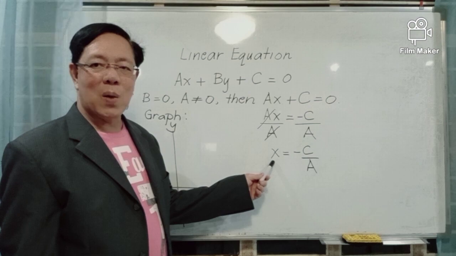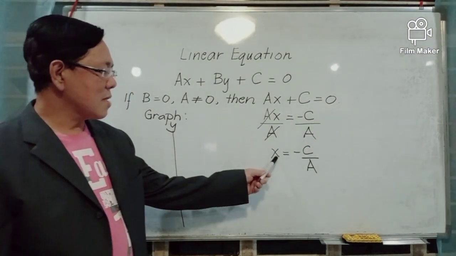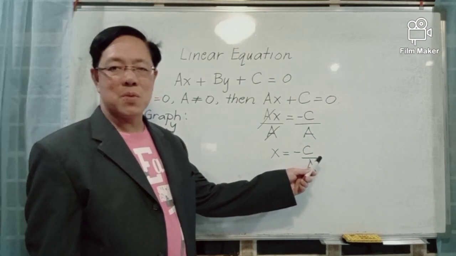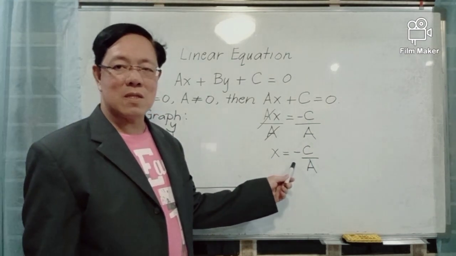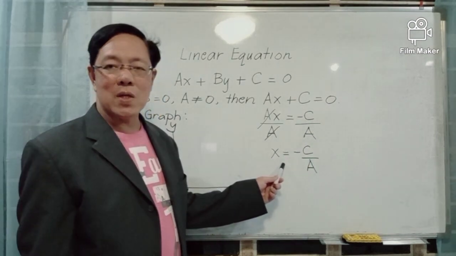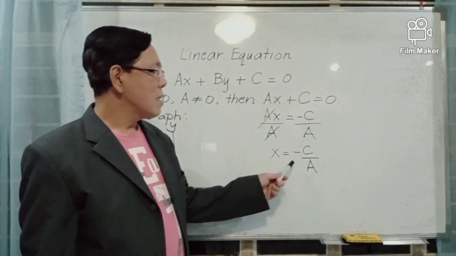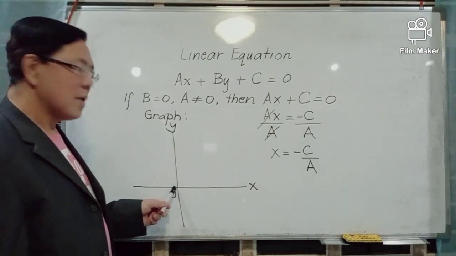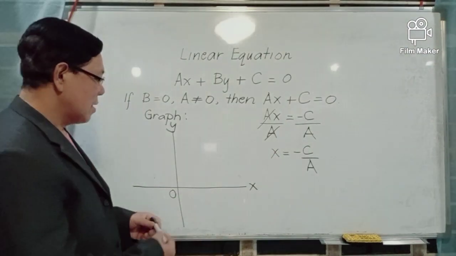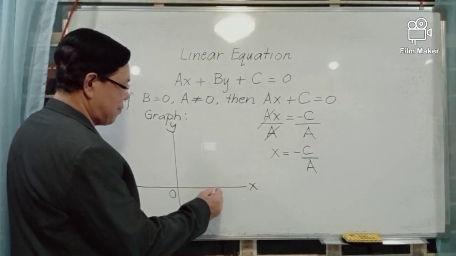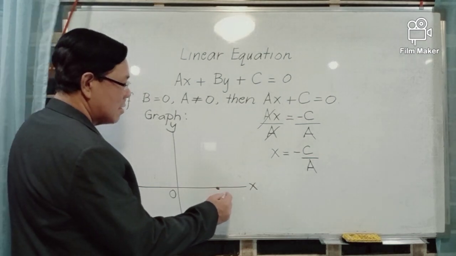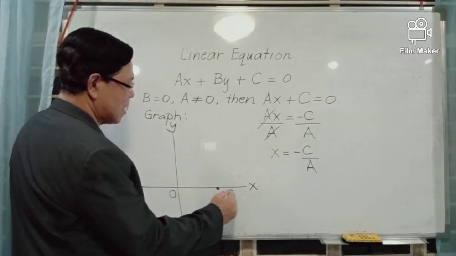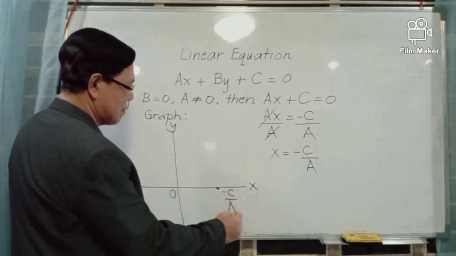We locate this point, x equals negative c over a, where c is negative, as we assume. Hence, the value of x is positive. To locate this point on the positive x-axis, you count c over a units from the origin to the right. And suppose this is the point negative c over a.